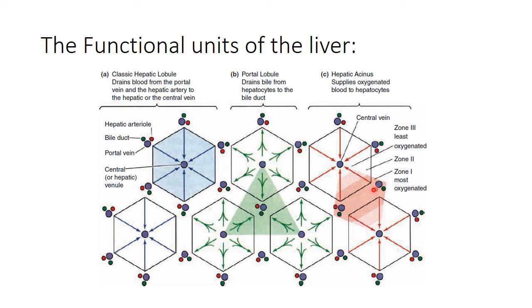This is simply 3 different ways of looking at the structure of the liver. However, histologically, on a slide, we cannot see a portal lobule. This is an imaginary area. We cannot see a hepatic acinus either; this is also imaginary. We can only identify and see the classic hepatic lobule.